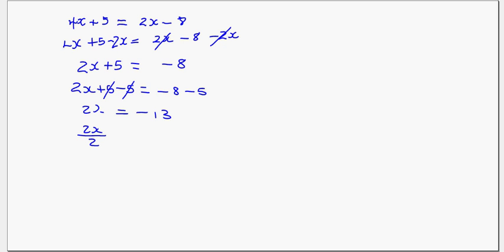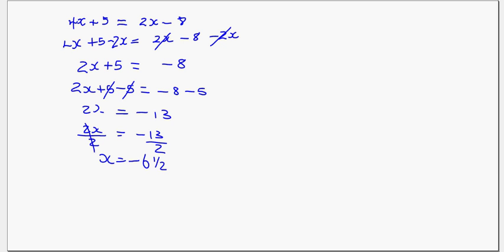And if we do that on the left-hand side, we must also do it on the right-hand side. So I divided both sides by 2. It will cancel out here, and I'll get what x is. x now will be equal to minus 13 over 2, which is the same thing as minus 6 and a half.